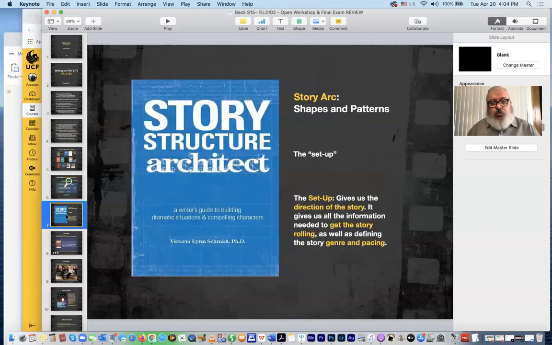In the volume Story Structure Architect by Victoria Schmidt, she talks about story arc in the form of setup, and she talks about the setup giving us the direction of the story, giving us all the information that we need to get the story rolling, as well as defining the genre and the pacing of that story.